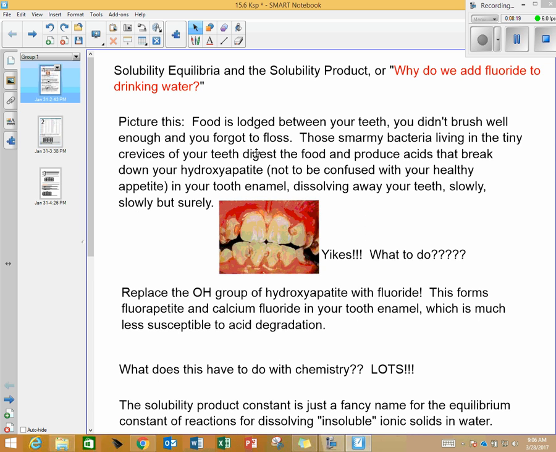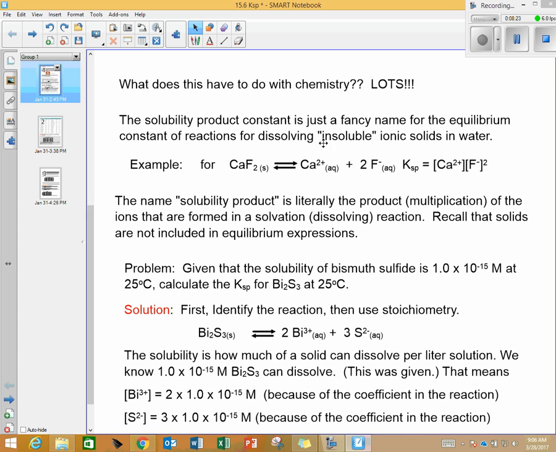Let's look back here. Now, the definition for the KSP is the products, the ions are on the right side. So if you have a bigger KSP, a bigger K means you go farther to the right. Remember, the bigger the K, the more products you make. If you can make more products, that means more of you can dissolve because you're making more of this.